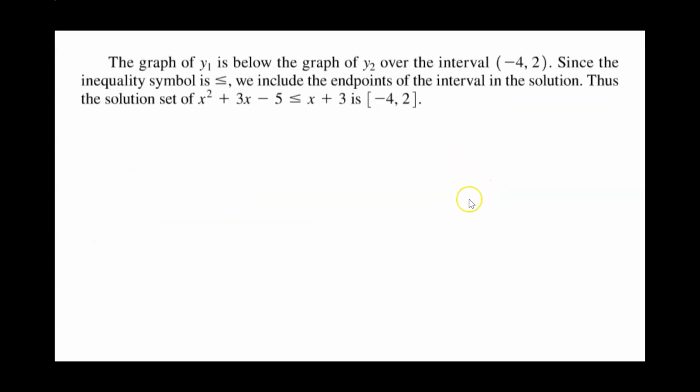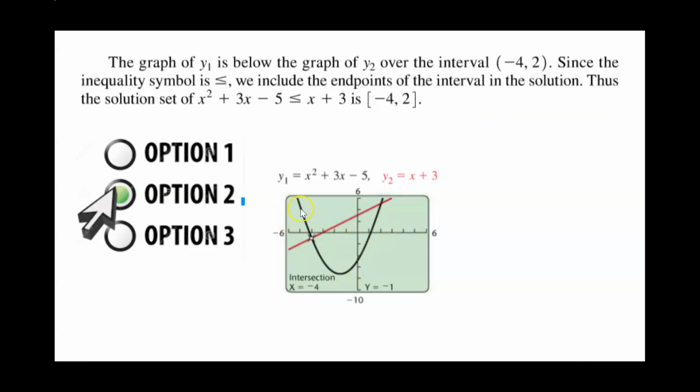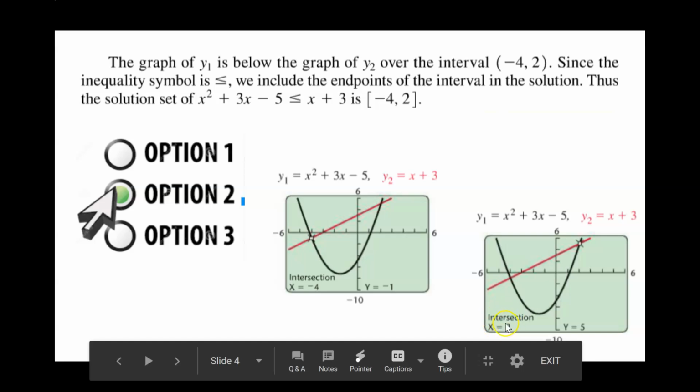So only from -4 all the way to 2. Anything less than -4 or greater than 2 is positive because it's above the x-axis. So here's the answer.